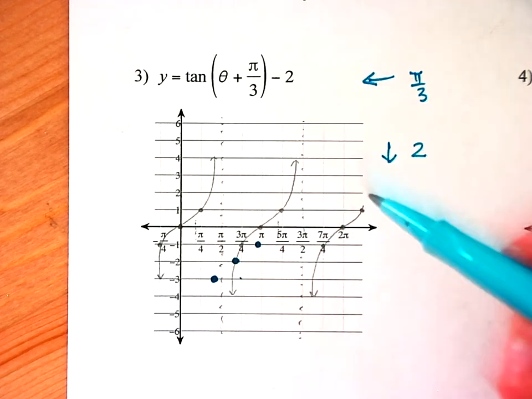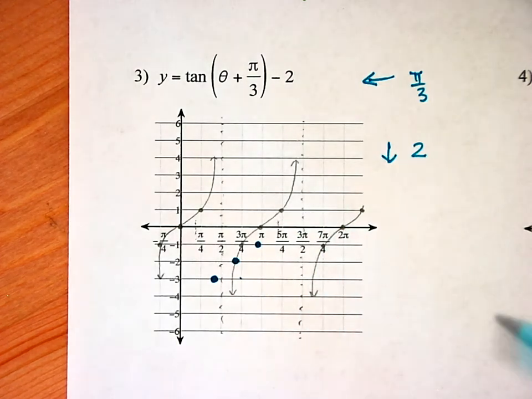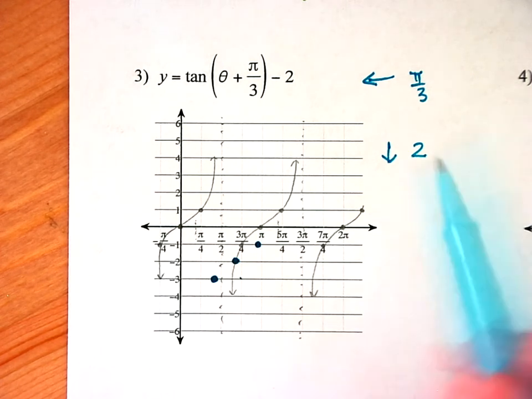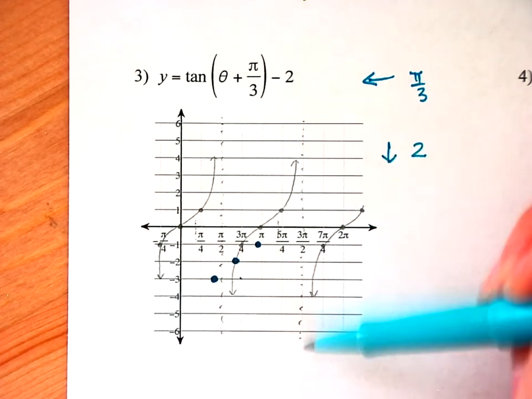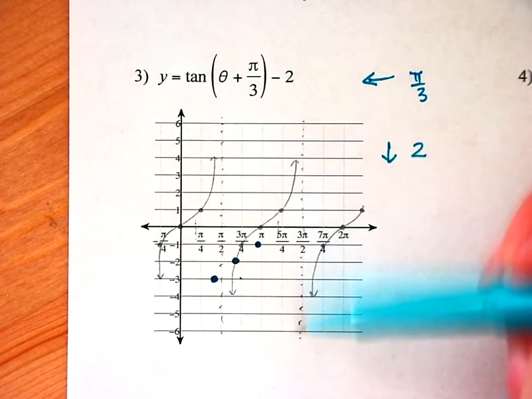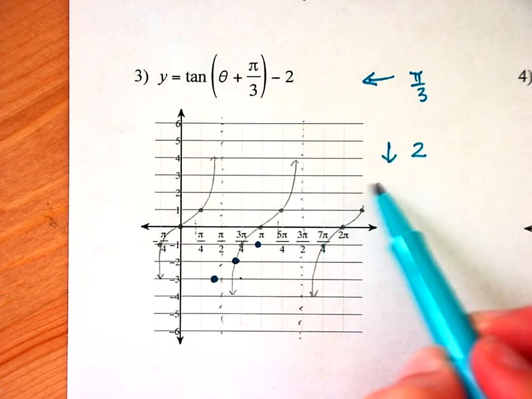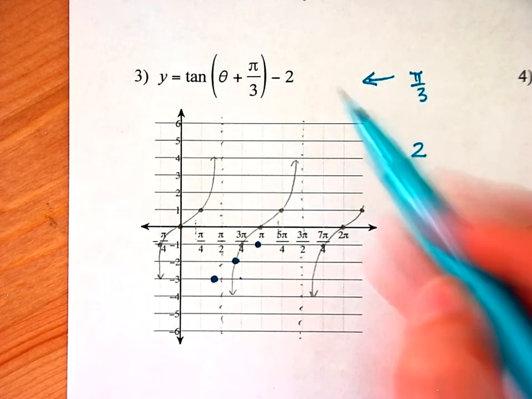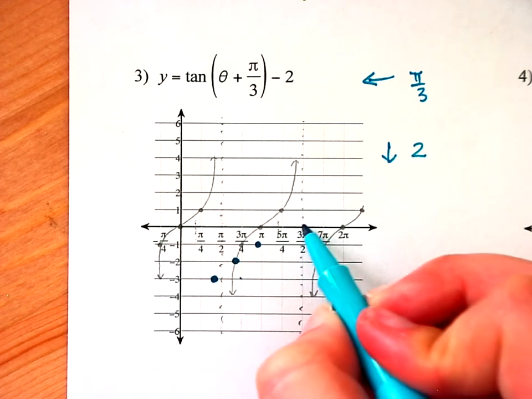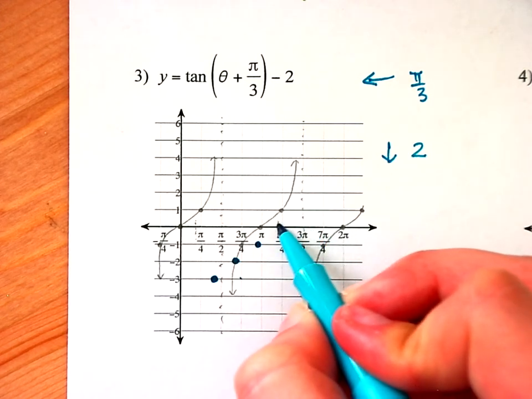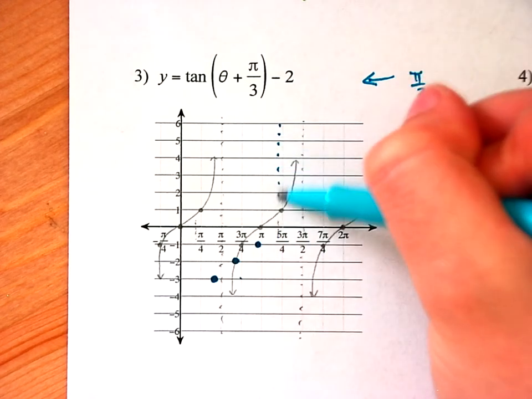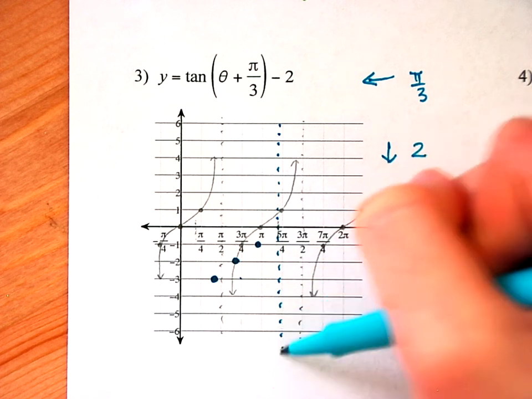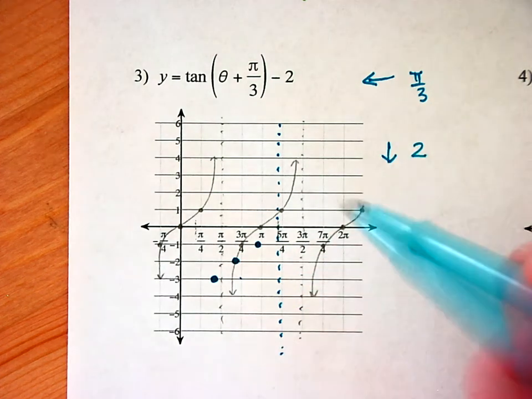Okay, and then last thing I want to do is draw my new asymptotes. Now the asymptote is this vertical line right here. The only way this asymptote can change is moving left or right. So the only value that affects it is the pi over 3 to the left. So I'm going to take this asymptote and move over about 1/3 or about pi over 3 and draw that in. Okay, so I've got my right asymptote.